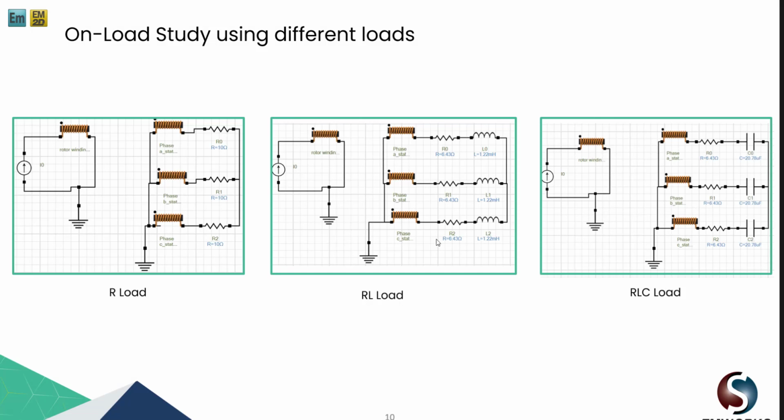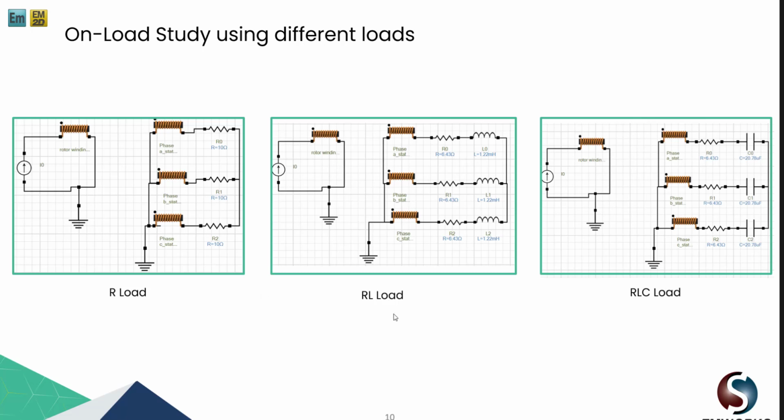Okay, you can do an on-load study using different loadings. So you can do just an R loading, an RL loading, or an RLC loading, and you're going to see the effect of different loading on the current. They don't have much effect on the back EMF, but they definitely affect the current in various coils or various phases.